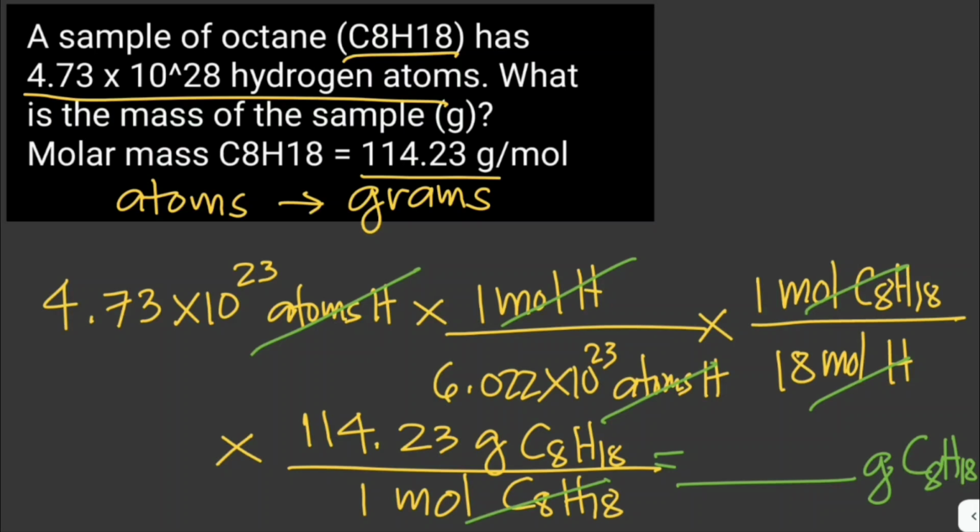So that is 4.73 times 10 to the 23rd divided by 6.022 times 10 to the 23rd divided by 18 times 114.23.